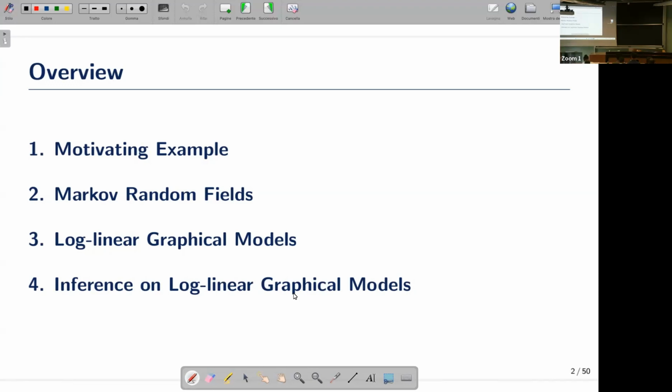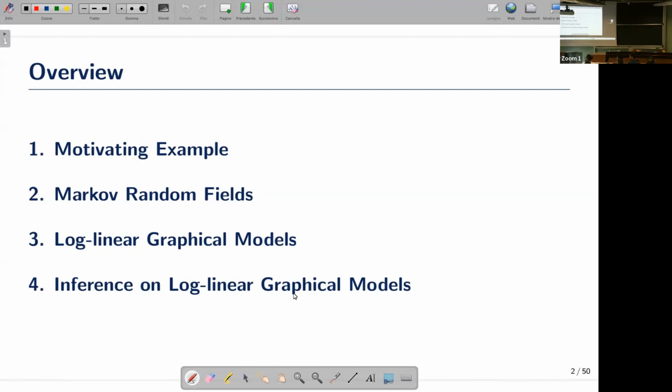I told you a motivation: two random variables are correlated, there is no asymmetric behavior between two variables, two nodes, but a more symmetric behavior, right?